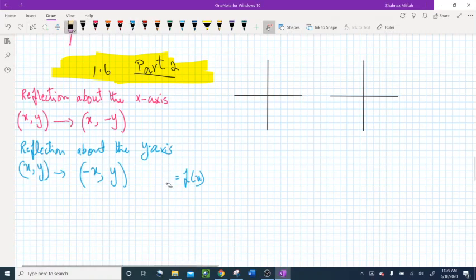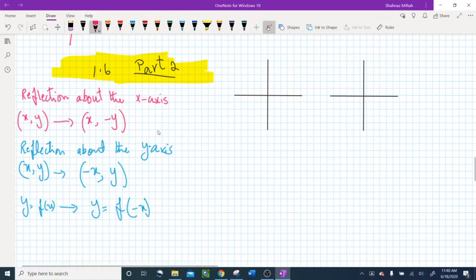Let me write it down under this so we know what we're doing. The original one, sometimes the notation looks like this: y equals f of x. And when you change the x sign, for the reflection about the y-axis, it's going to change to something like this. But these two are exactly the same thing that I'm talking about.